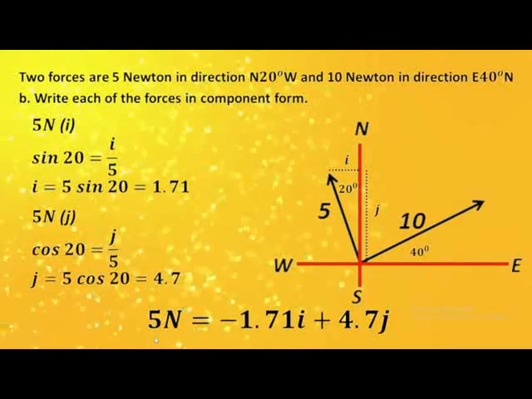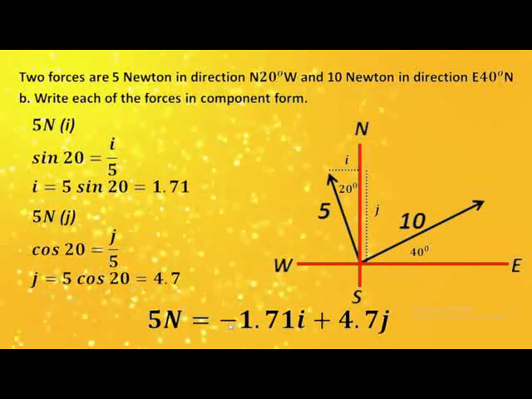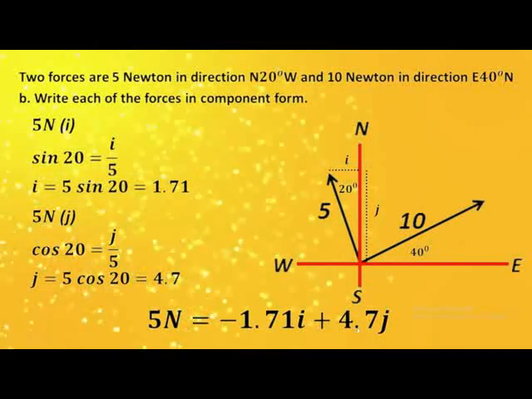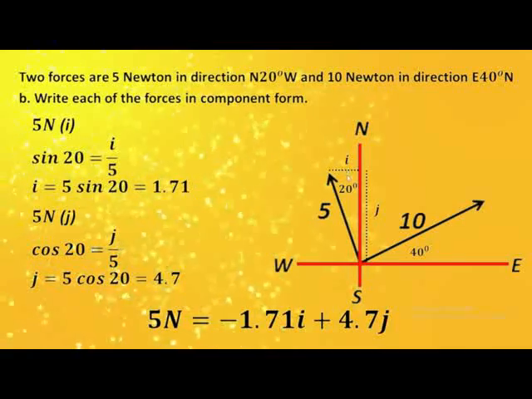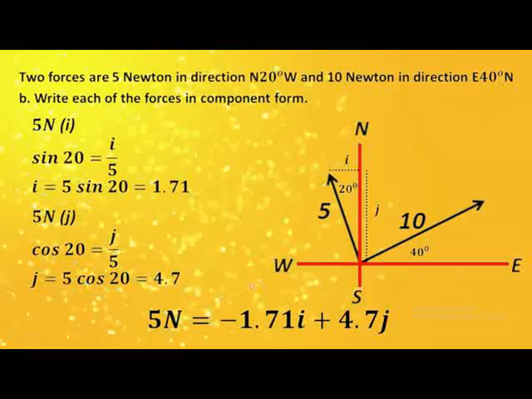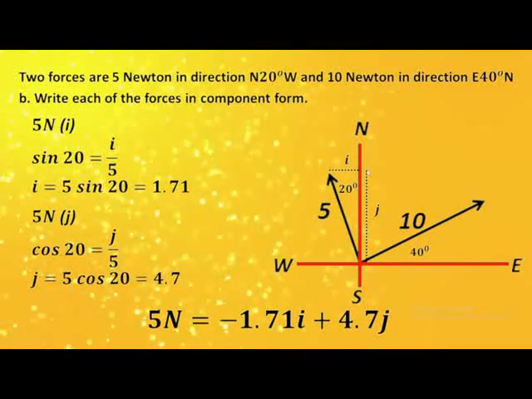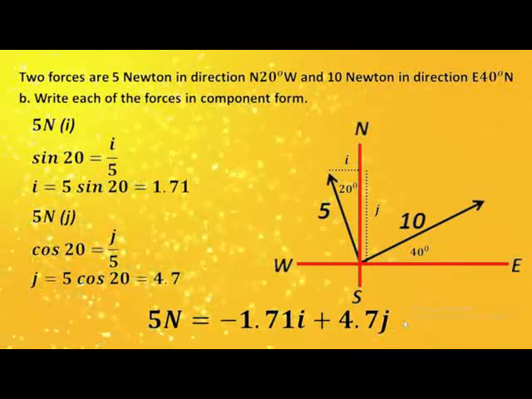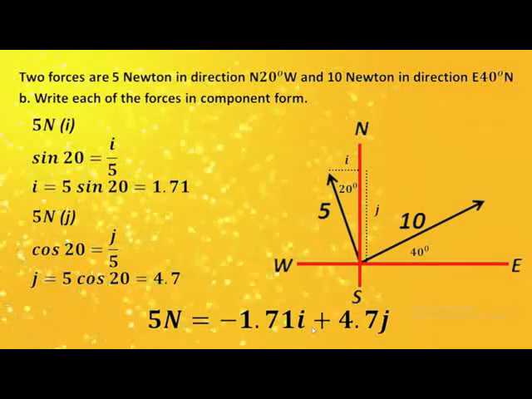So we can write that the 5 Newton force equals negative 1.71 i plus 4.7 j. Why is this negative? Because the i component is going to the left. Left means negative. And the j component is going upward. Upward means positive.